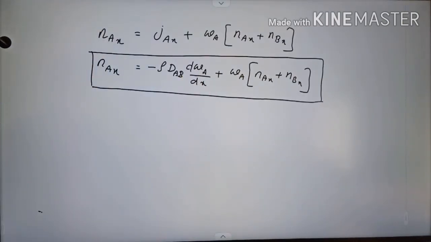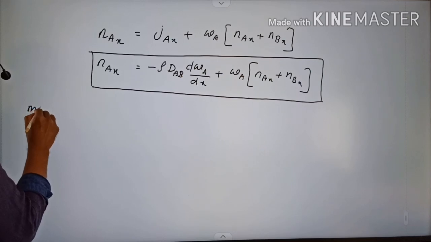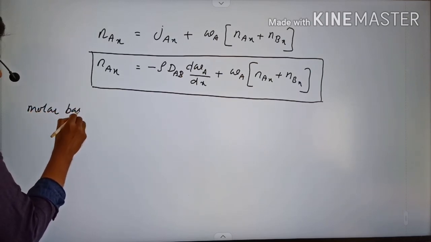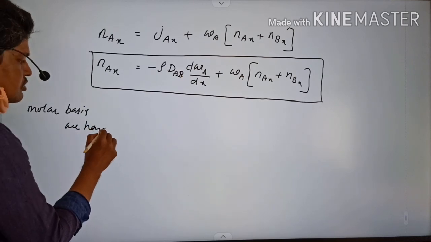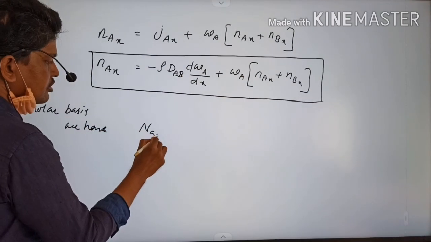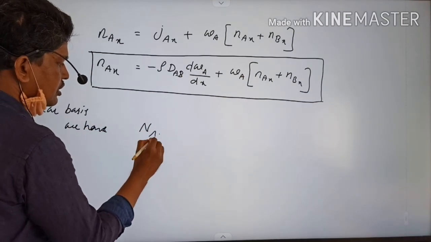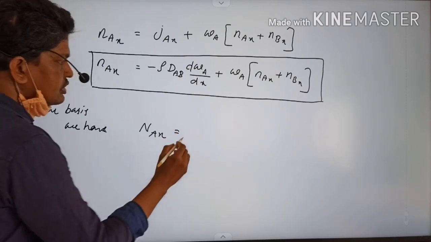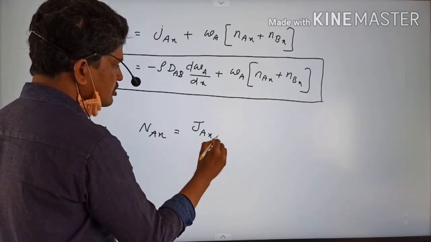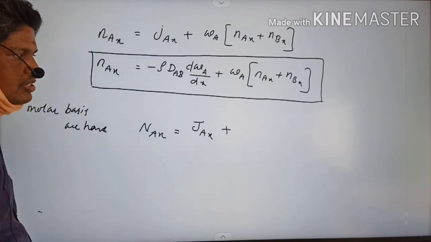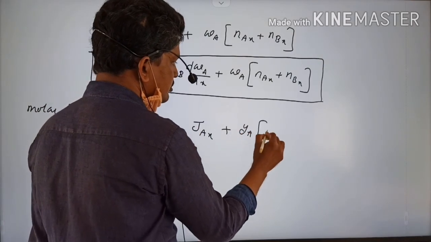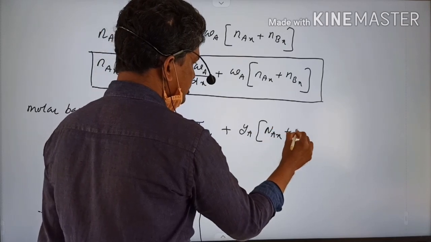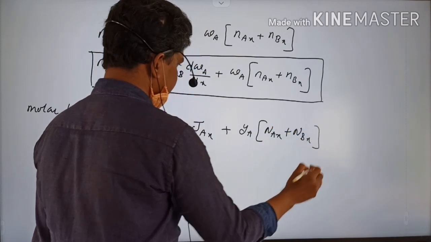Similarly, on a molar basis we have NAx equal to Jx, the molar diffusion flux of component A in x direction, plus YA into NAx plus NBx.